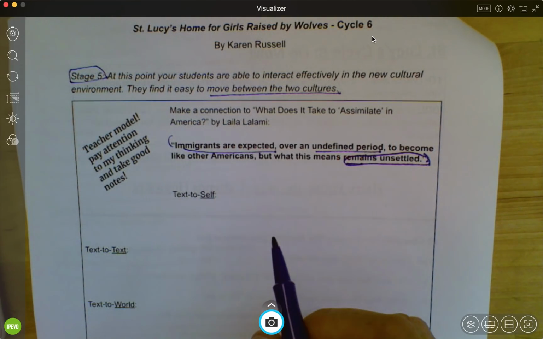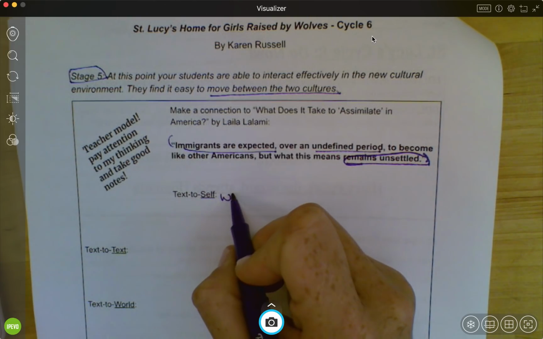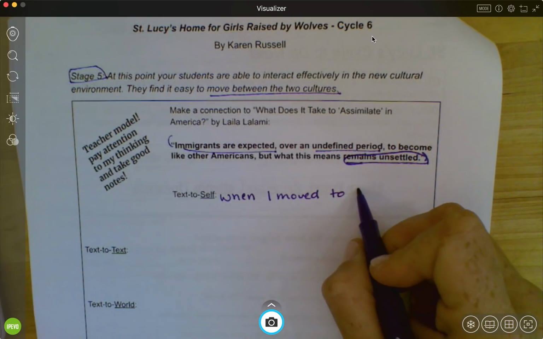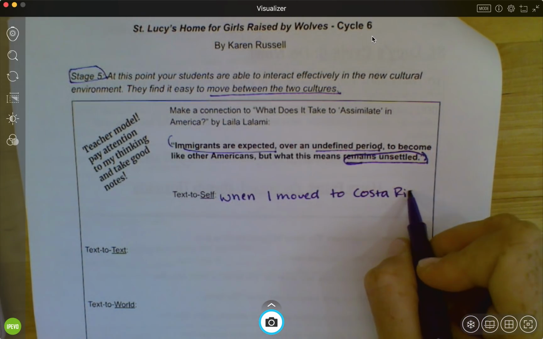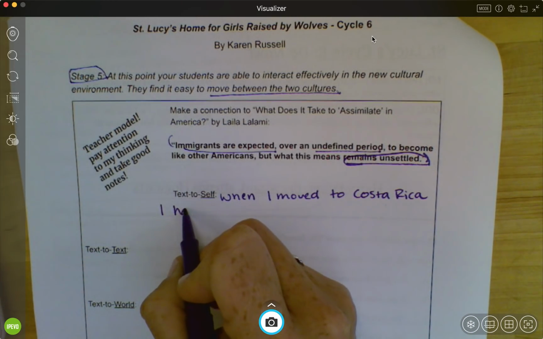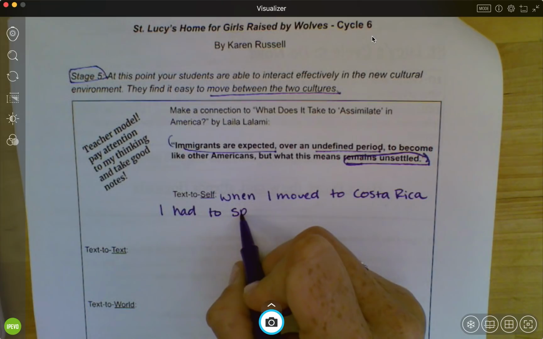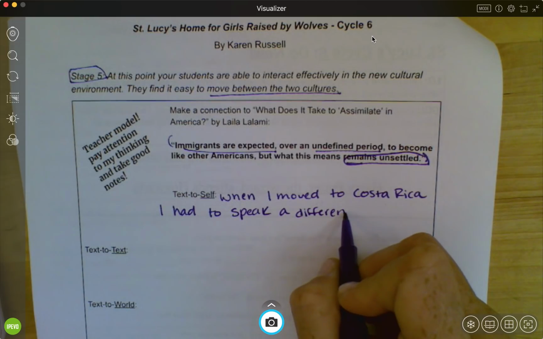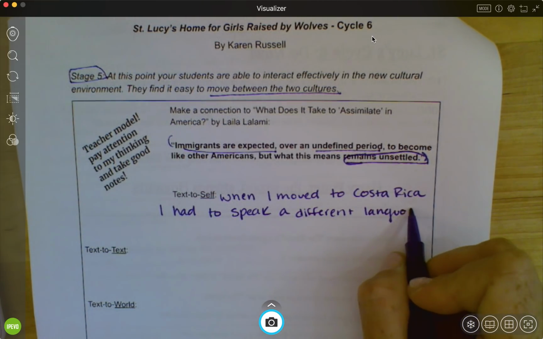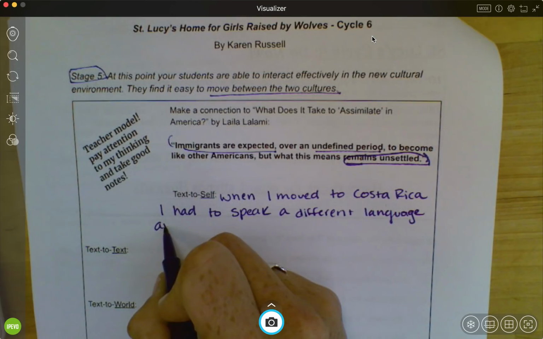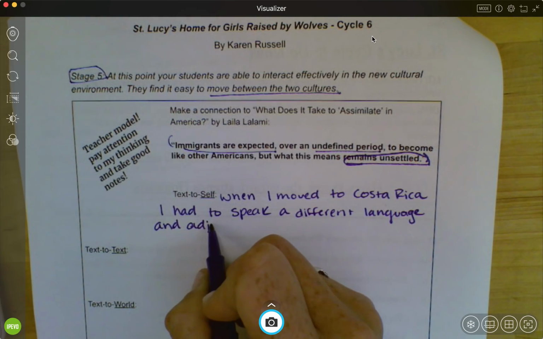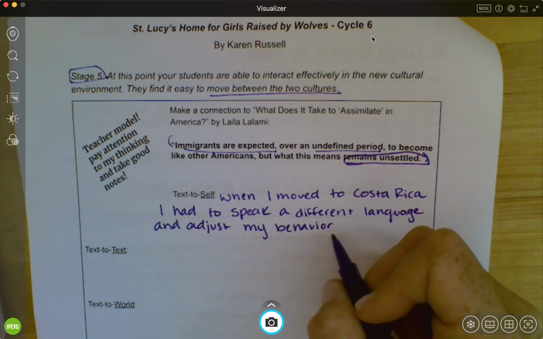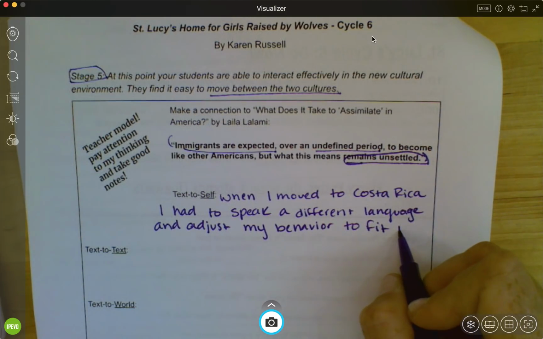So my text-to-self connection is when I moved to Costa Rica, I had to speak a different language and adjust my behavior to fit in.